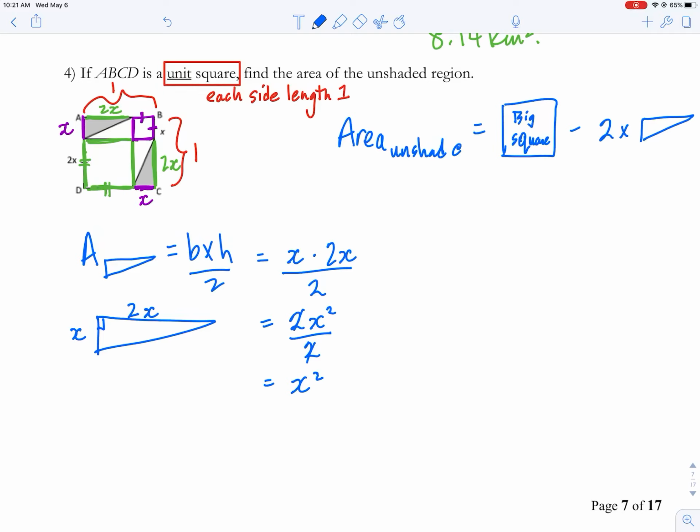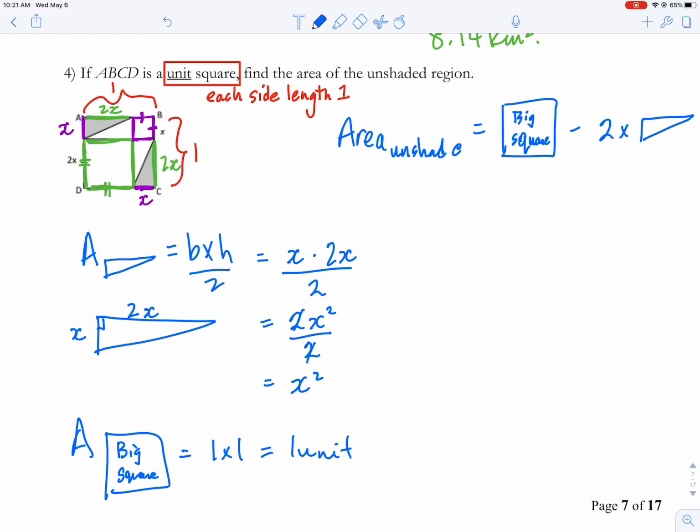But we need to find the area of the unshaded region, and we need the area of the big square. Well, we know it's 1 times 1, which is 1 unit squared.